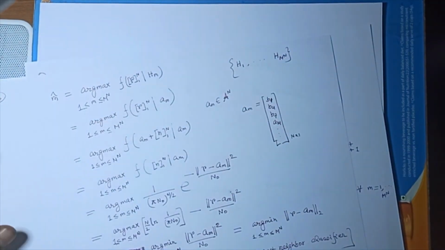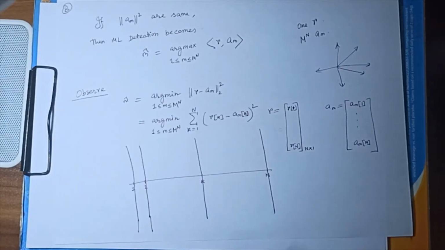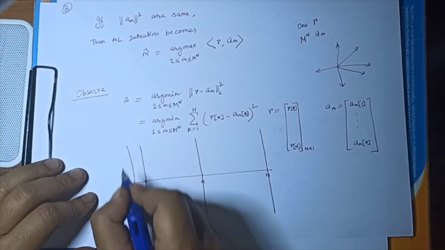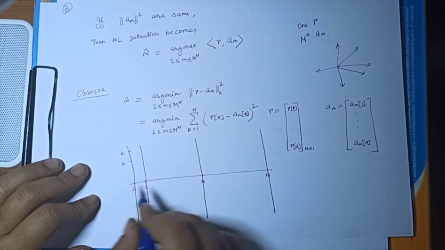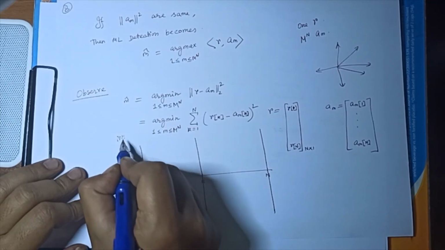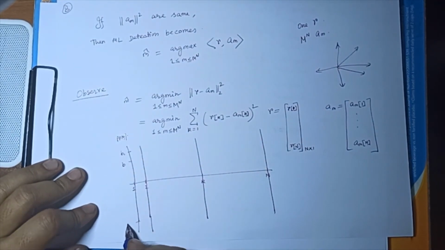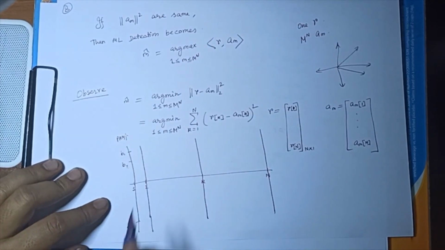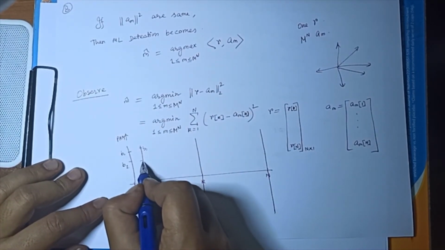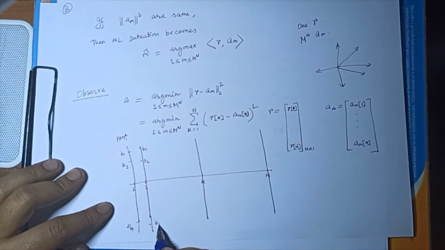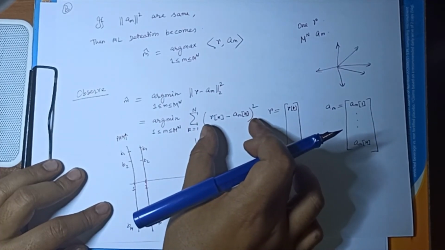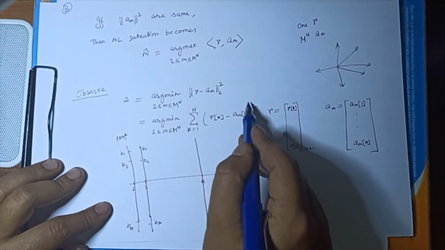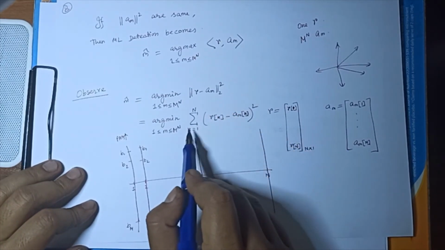Those are the points. So in this diagram, the corresponding B points are B1, B2, up to BM, in the PAM direction. My argument is that since I want to minimize this entire term, and everything is squared, square means positive. So to minimize the sum, you have to minimize every term for every k.